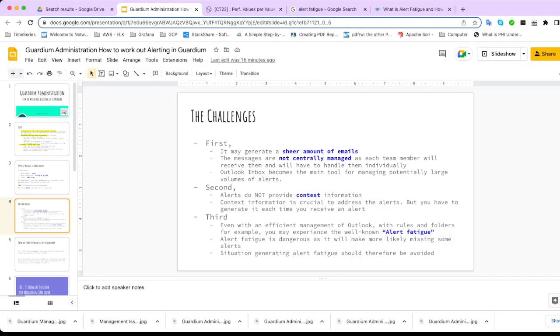Second challenge: the alerts do not provide context information. Meaning that when you receive an alert, you have to start a work and a process to generate the contextual information that is needed for you to address the alert and the issue.